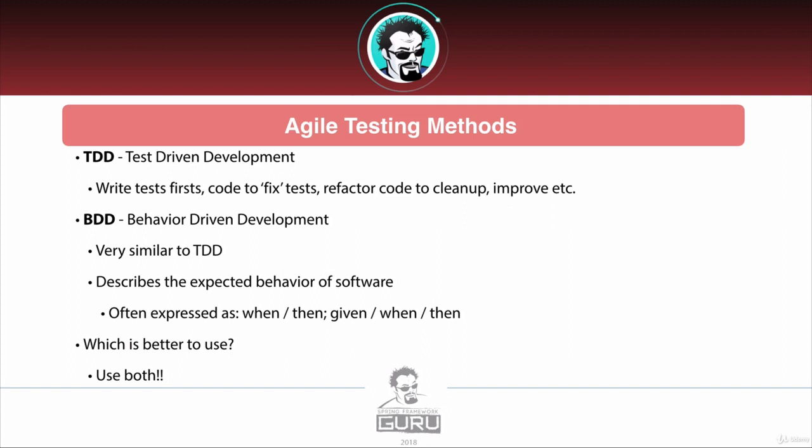A lot of times you are going to express your BDD test as when, and then when blah, then I expect this. Or you could be saying, given a condition, when this happens, then I expect this result. So just having that logic there does help you visually structure your test better when you start thinking about how you're going to write the test.